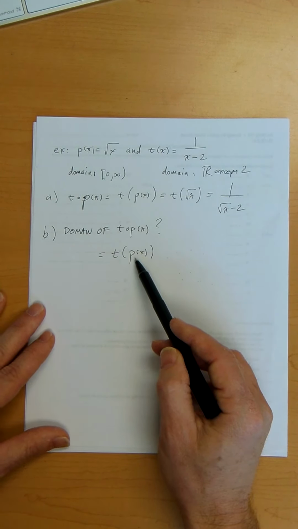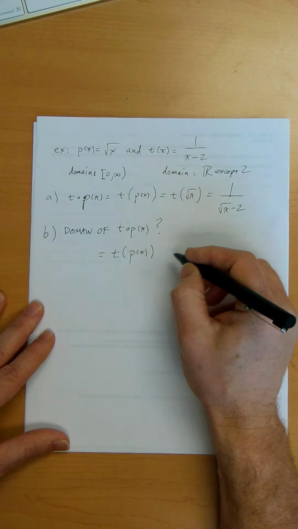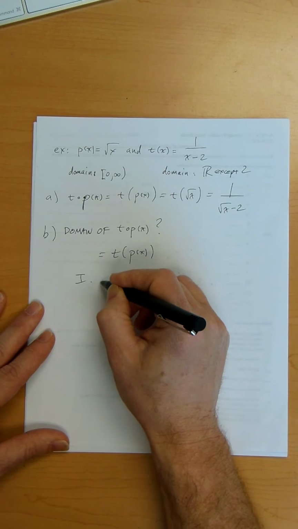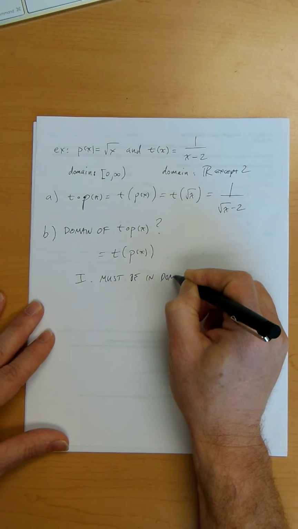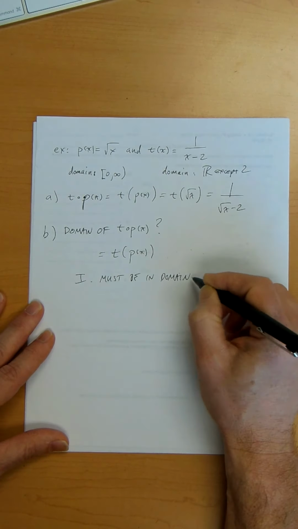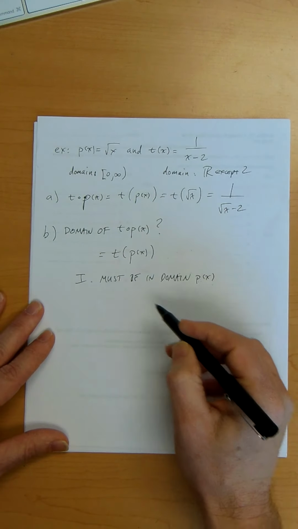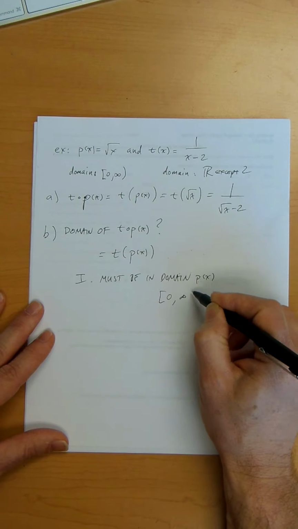So I know that part 1: x must be in the domain of p to be in the overall domain. So I have to be in 0 to infinity.